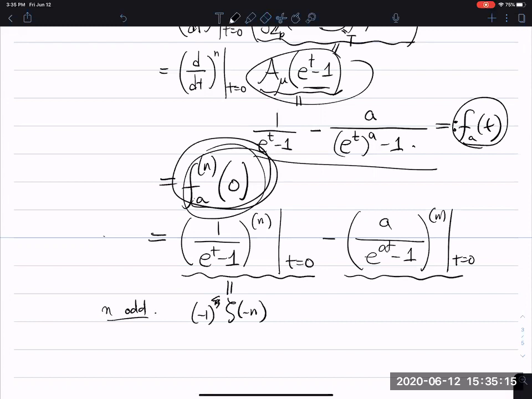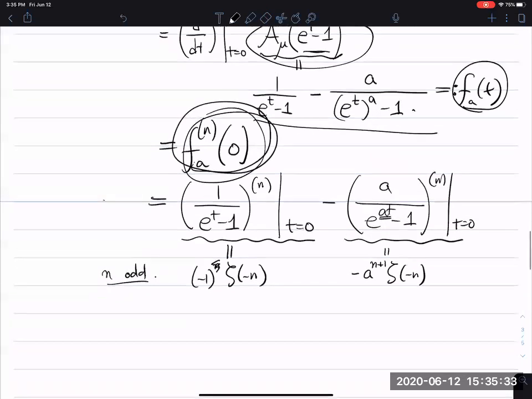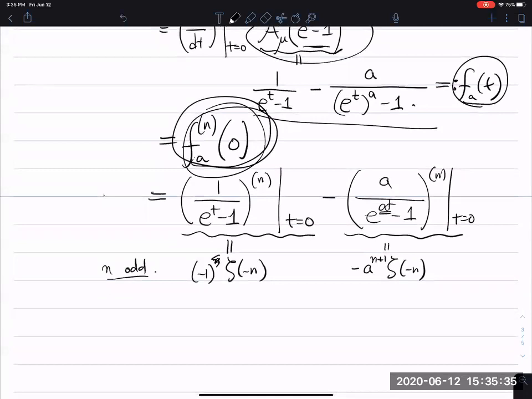And the second term is almost the same as the first term, except that on the t, I have some extra factor a here. And if you do a little bit of calculation, you can see that this is just negative a to the n plus 1 power of zeta. This is some sort of change of variable with the previous term. And then there's a negative term here.